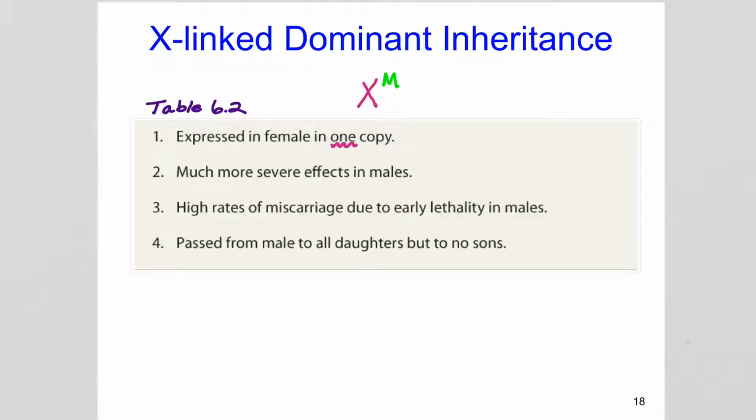To denote that, we use our X because it's X-linked. And in this case, we're going to use the capital letter. And for mutation, I'm going to use the M. So as long as the female gets 1 copy of this mutated allele, it's going to be expressed, and that's because it's dominant.